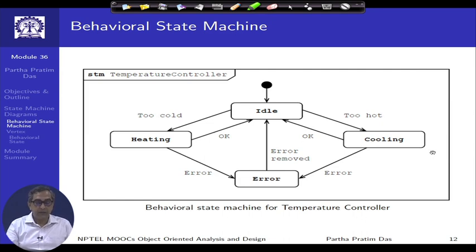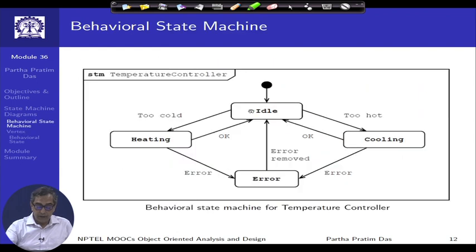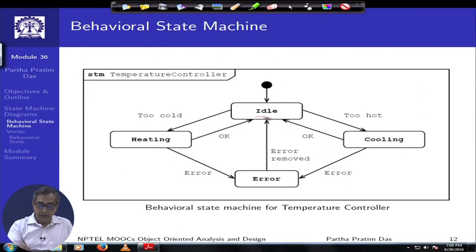So, this is another example of a temperature controller, which again starts in the idle state. And again what I am trying to repeatedly point out is that this is not like just a finite state machine, where if it is in an idle state it will basically continue to be in the state unless some specific input comes in.